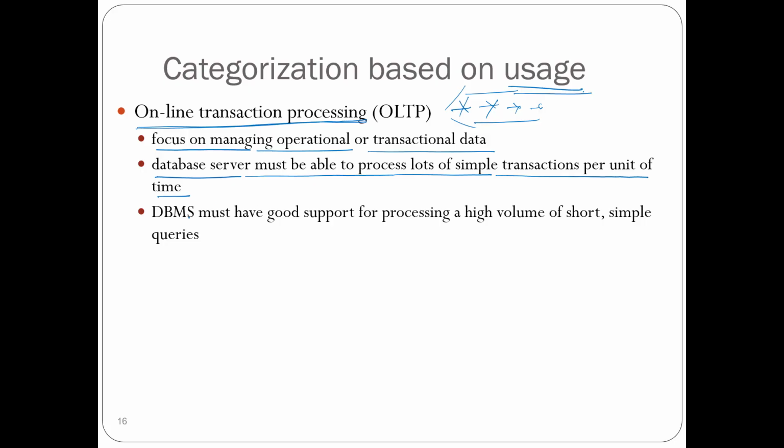An example of the transactions that the database server should be able to handle for online transaction processing is point of sale transactions. Just imagine Walmart. I'm taking Walmart as an example. Walmart has so many stores. In every city you would find at least one Walmart, and they have a huge customer base.